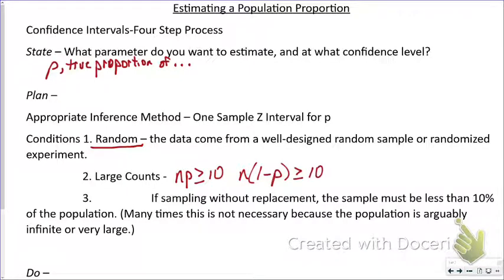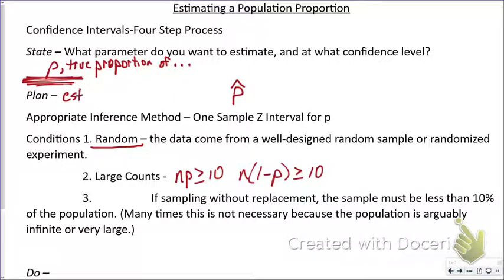The problem with last chapter's rule is we're estimating P up here with P hat. All we have is P hat. So let me write what I just said.